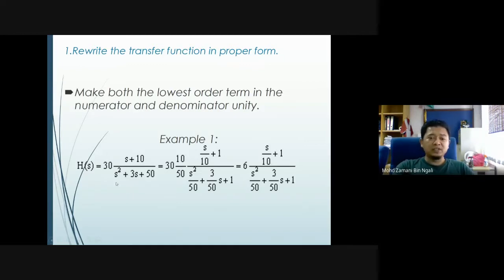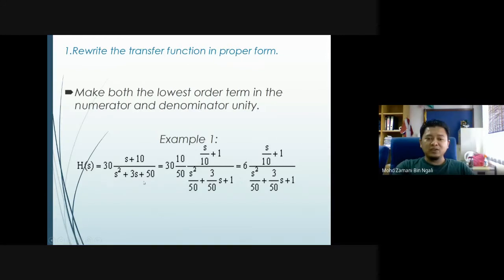For example, in this case we have 10 and we also have 50 here. For this s plus 10, we have to divide by 10, and then multiply back by 10. So this part will become s over 10 plus 1, and we have this 10 here. For the bottom side, we have s squared plus 3s plus 50.